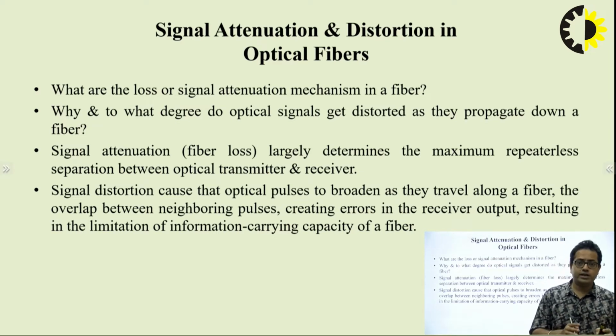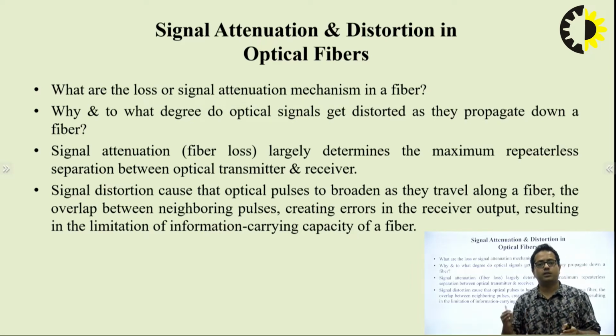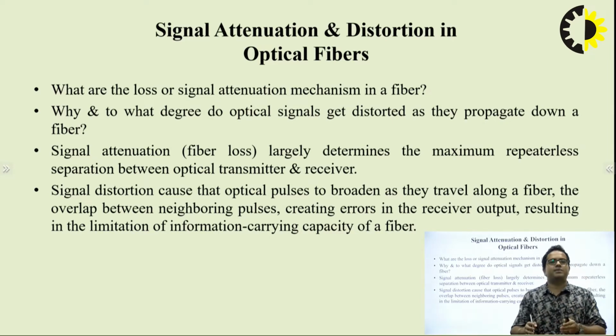We have already discussed that attenuation as well as distortion is the main factor that helps us decide the distance at which an amplifier or a regenerator has to be placed between a transmitter and receiver, because optical amplifiers and regenerators are costly devices. So we should be very precise about the distance at which we place these optical devices.